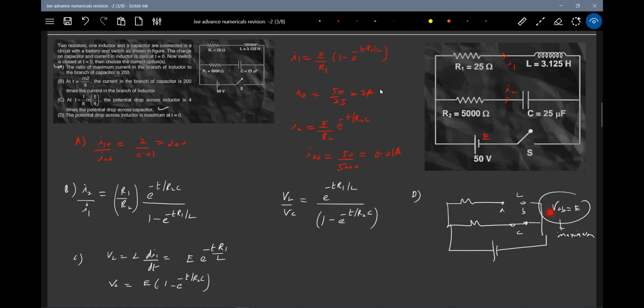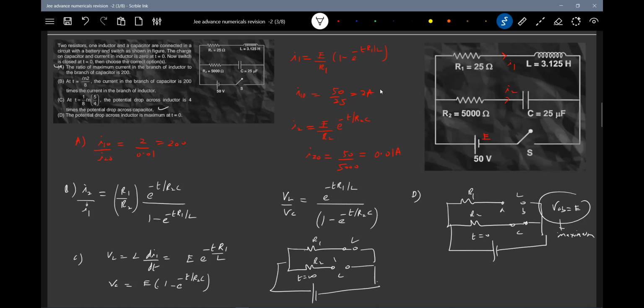Across the capacitor, when is it maximum? Not at T equals 0. At T equal to infinity, inductor will be a short circuit and capacitor will be open, so this will be maximum.